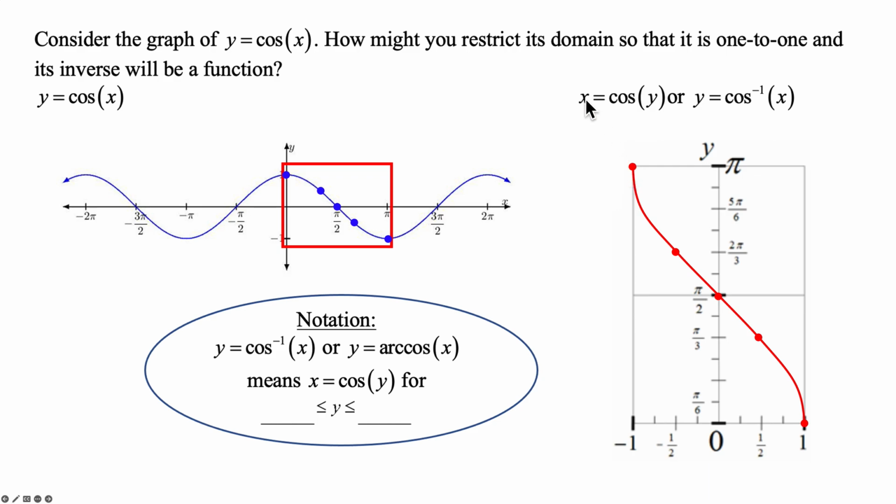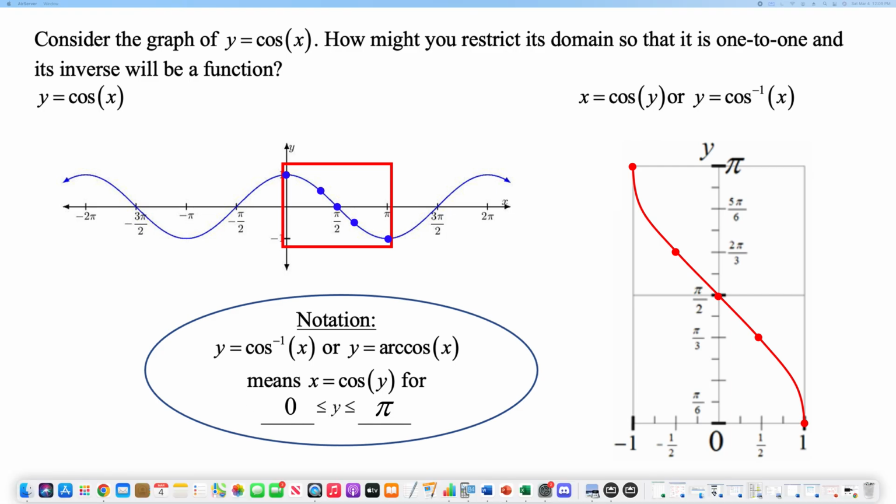If we just wanted to graph x equals cosine of y, then my cosine curve would keep following that wave pattern in a vertical direction. So again, 0 to pi is going to be my y's on the inverse graph. These are the angles. Okay, well, all right, hold the phone.